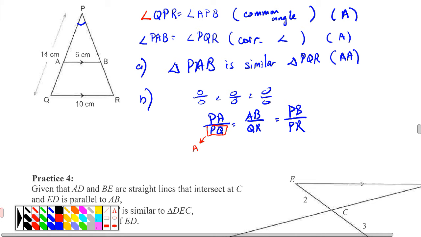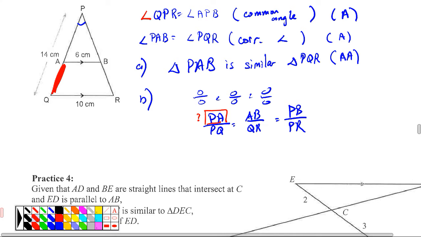Out of these three ratios, I want to find AQ, this red line. What is the length I need so that I can find this red line? I need to find AP, because 14 minus AP will give you the AQ.